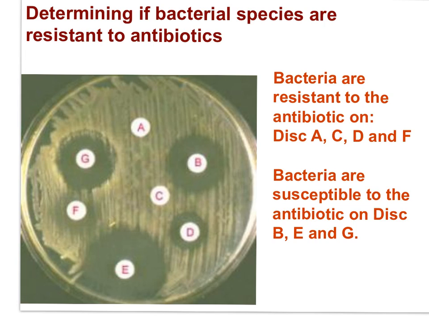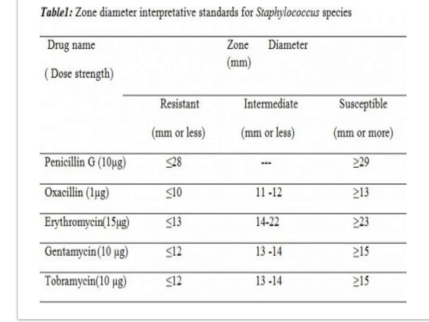The diameter of the zone must first be measured in millimeters and compared for size with values listed in a standard chart. Here's a standard chart against which measured zones of inhibition would be compared. For example, if you're testing penicillin at this dosage on Staphylococcus, the zone of inhibition can be up to 28 millimeters wide, and the Staphylococcus would be considered resistant.